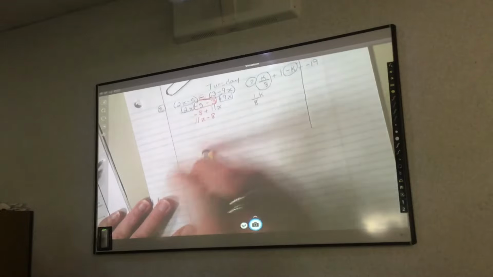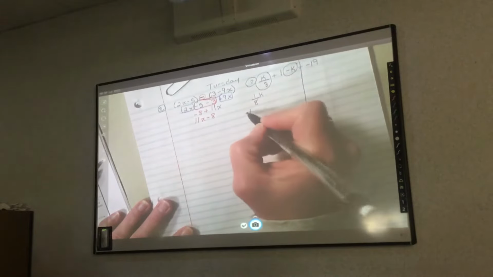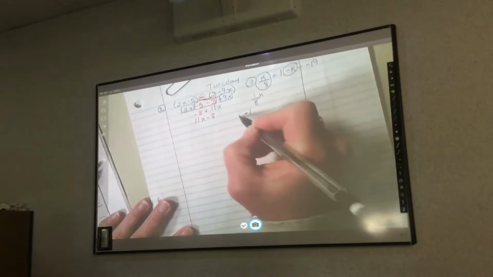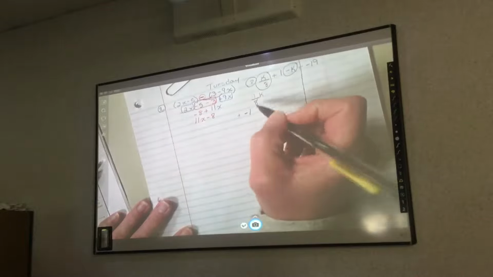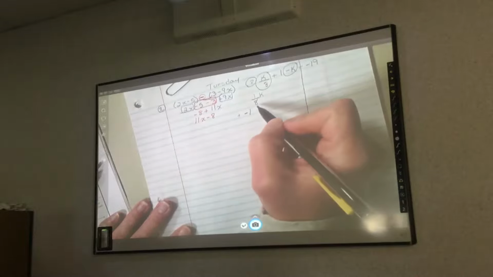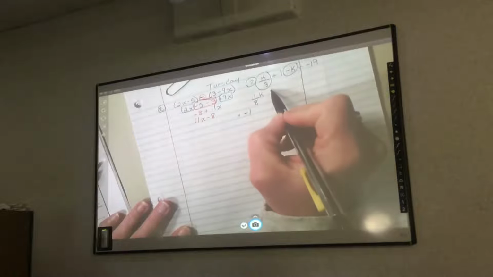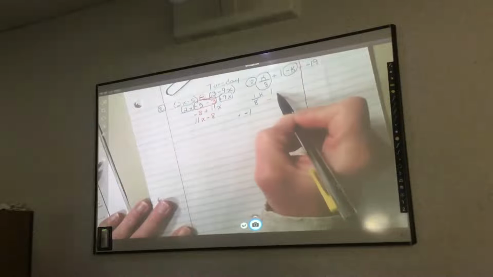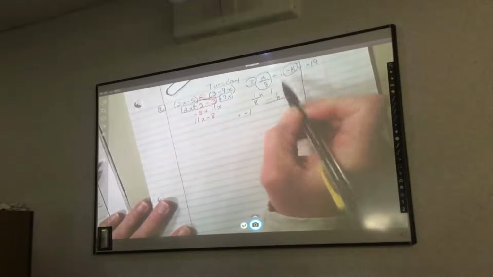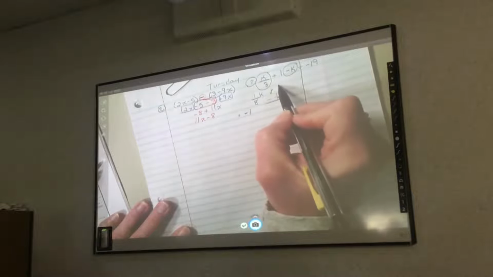Right? Now, if I have a negative and a positive and I'm combining them, what do I really need to do? Subtract. So really I'm going to take 1 minus 1/8. So the 1 becomes 8 eighths.